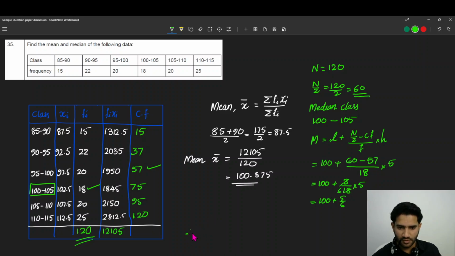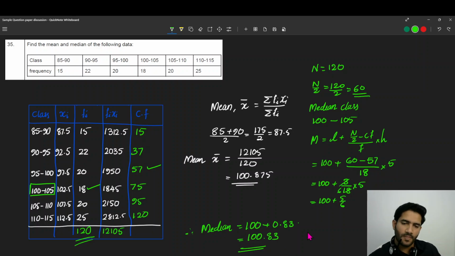So median is equal to 100 plus 5 by 6, which means 0.83 to two decimal places. So 100.83 is the median.